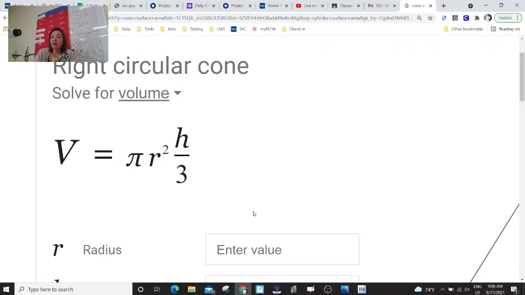By the way, on this one, you could write this as pi r squared times h and divide everything by 3, if that makes more sense to you. It doesn't matter if you divide just the h or if you divide the whole thing. To me, it makes more sense to write it where everything's being divided by 3. That's just me.